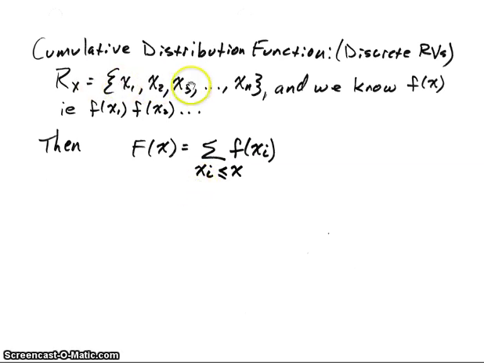So if these were all in order, and let's say x was between x2 and x3, then we would sum up all of the f values below that. It would be the sum of f of x1 plus f of x2.